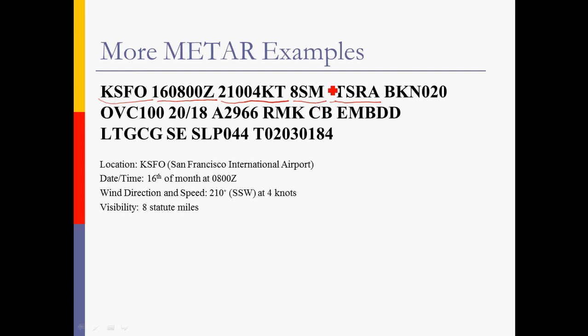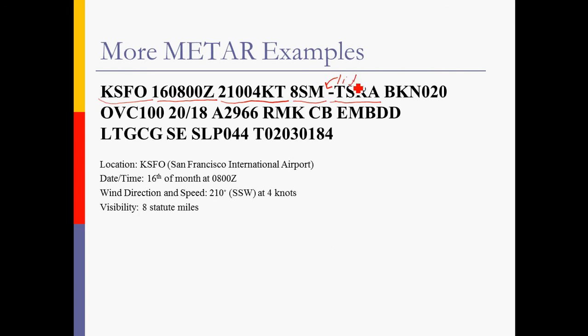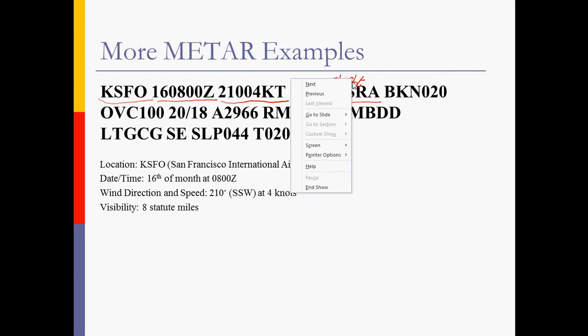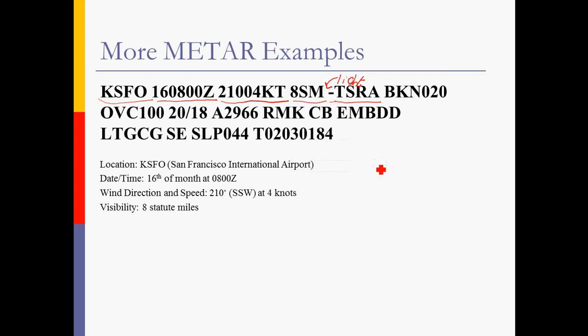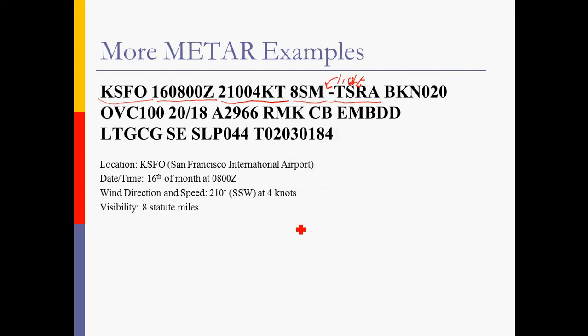It turns out that this dash here means light. So anytime you see a dash like this in front of some information about rain or thunder or snow, it means light. So what this is saying is that rain was being reported, but it was light, and it was associated with a thunderstorm.